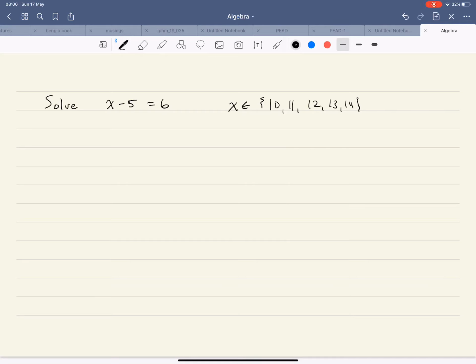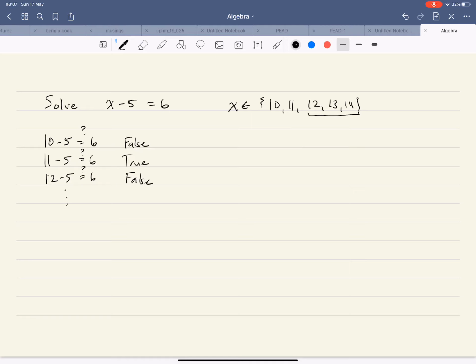I'm just going to plug in each of these values and see if my statement is true, right? So I could say, well, 10 minus 5 equals 6. No, it doesn't, so that's false. 11 minus 5 equals 6. Ooh, yes, it does. But now I have 12, 13, and 14 still in my domain, and I would have to check those. 12 minus 5 equals 6. No. And down the line.